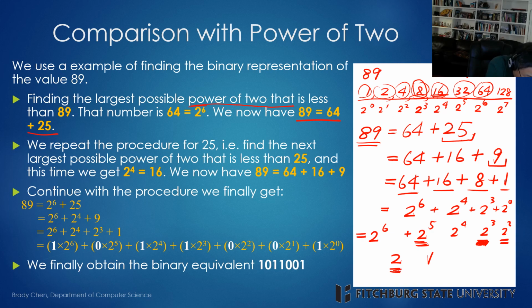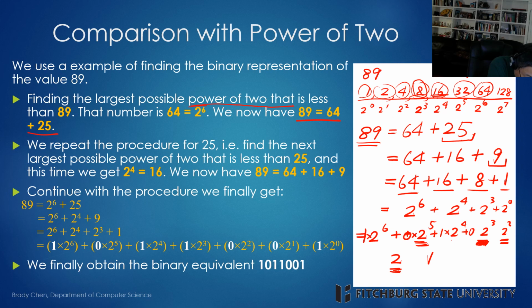But that's fine. So we can write 89 as the sum of powers of 2. So 2 to the 6, which is not missing, we can write as 1 times 2 to the 6. Now, for the second term, 2 to the 5, which is missing, we can write as 0 times 2 to the 5, right? And then plus 1 times 2 to the 4, which is still there. And 2 to the 3, which is 2 cubed, is also missing.